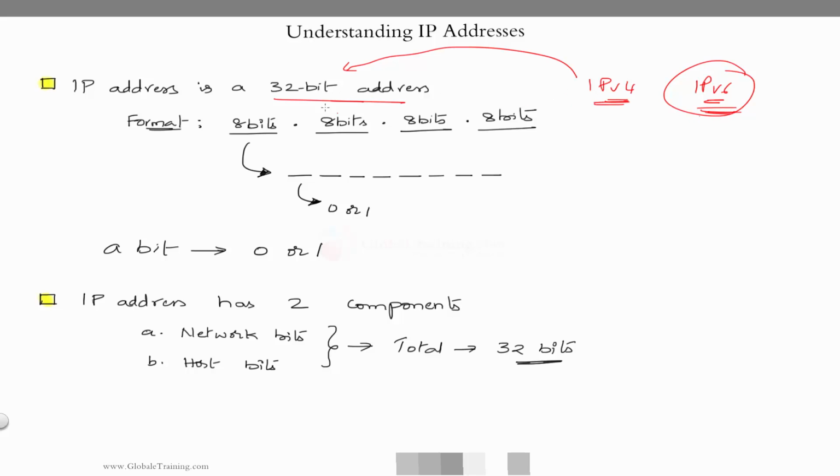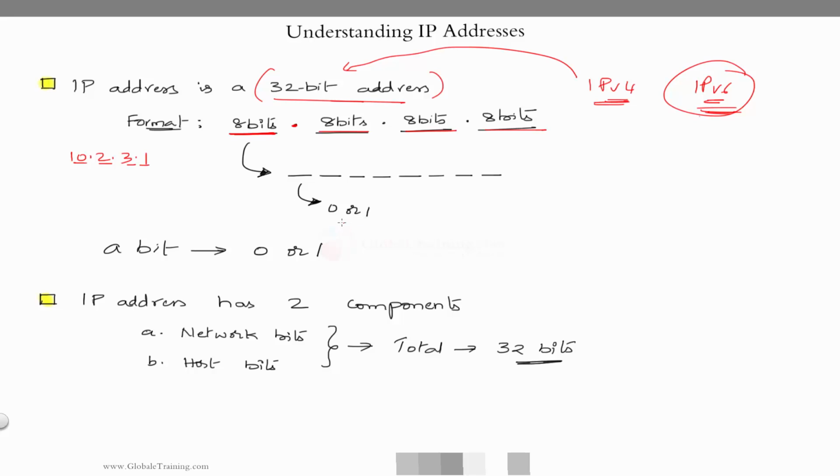In IPv4, the addresses are 32-bit long, and the notation is 4 octets: 8 bits dot 8 bits dot 8 bits dot 8 bits. An example of an IP address you might have seen before could be something like this: 10.2.3.1. Each number here is from 8 bits.